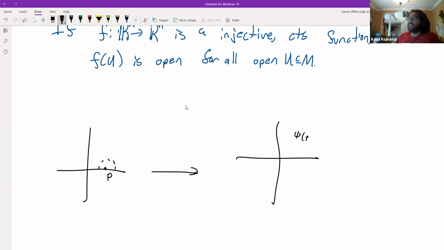And now this is a problem if you consider this as a map on the whole space, because now you've sent a not open region into the interior.